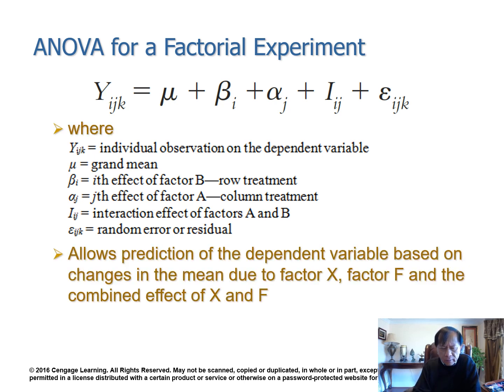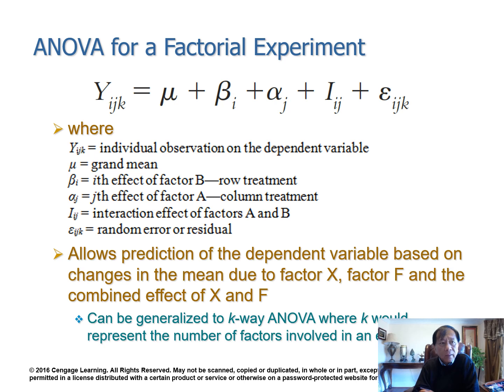This allows for prediction of the dependent variable based on changes in the mean due to factor A, factor B, and the combination effect of A and B. That's interaction. It can be generalized to K-way ANOVA, where K represents the number of factors involved.